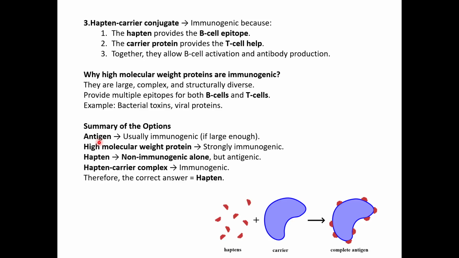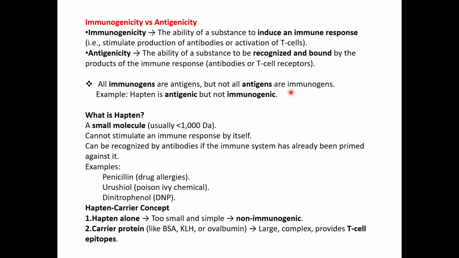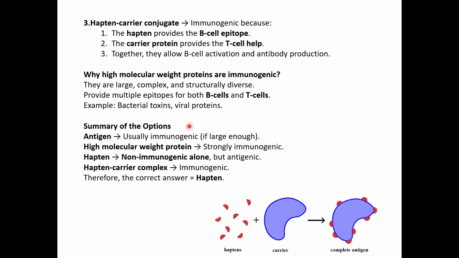Then, to summarize, an antigen is usually immunogenic if it is large enough. If it is smaller than, say, 1000 Daltons, then it won't be immunogenic even though it is an antigen. High molecular weight proteins are strongly immunogenic. A hapten is not immunogenic by itself, but when combined with a carrier, it is immunogenic. Therefore, the answer for the question was hapten.